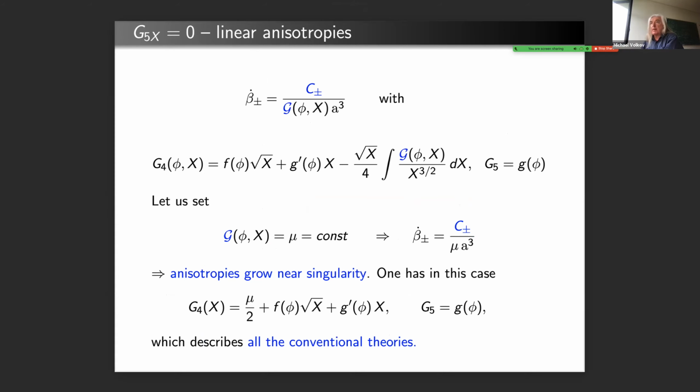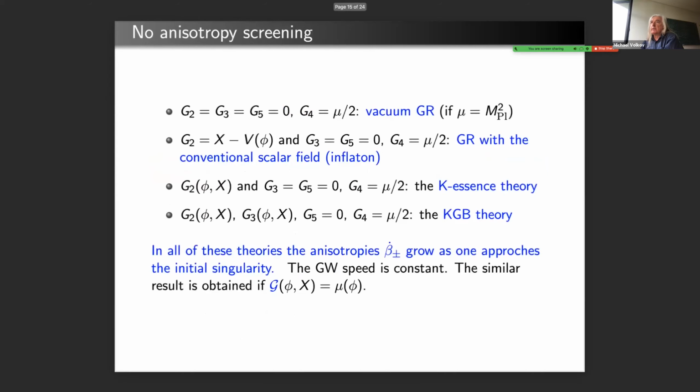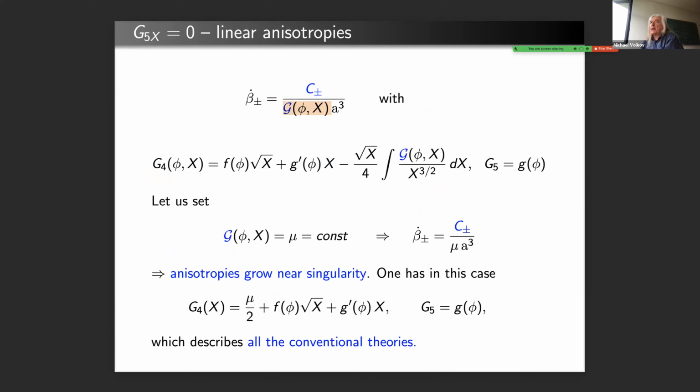And then we solve them and obtain the anisotropy in the following form, where G in the denominator is an arbitrary function, which determines the values of G4 and G5 appearing in the Lagrangian. So in the simplest case, we choose this function to be just a constant. And then the anisotropies are proportional to 1 over a cube, and therefore they grow near the singularity.